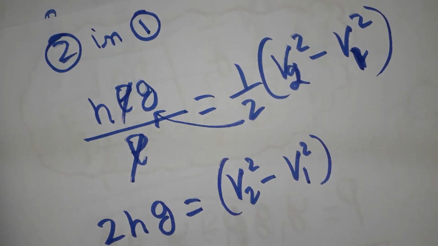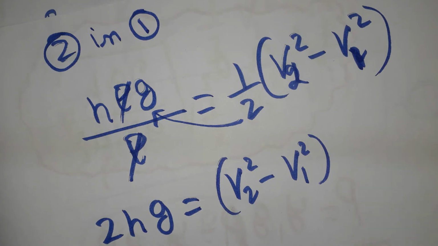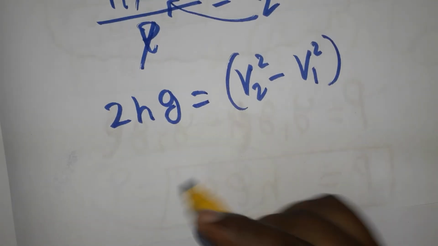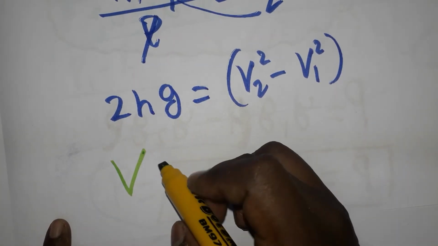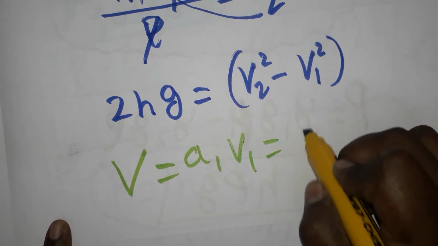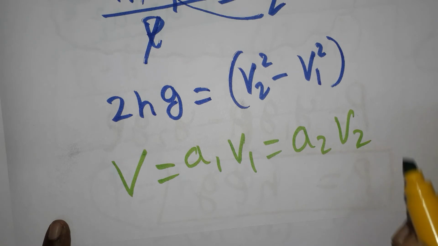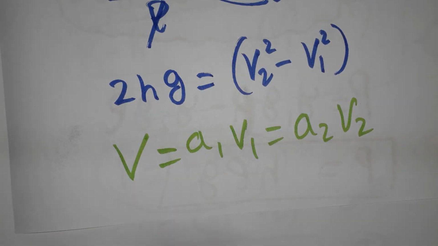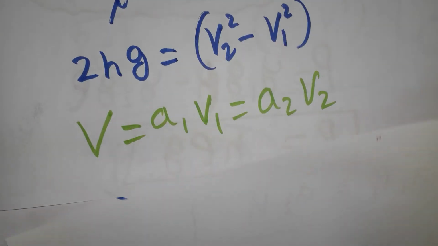Already we know the equation of continuity: the total volume of the liquid flowing per unit time, capital V, is A1 v1 equal to A2 v2. Now I want to find v1 and v2.